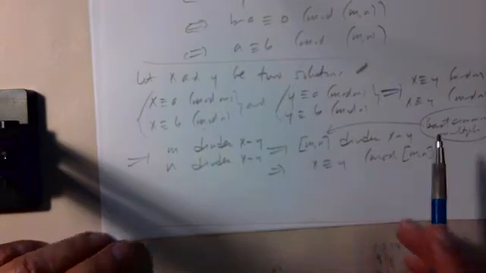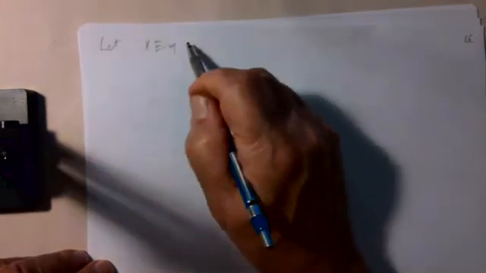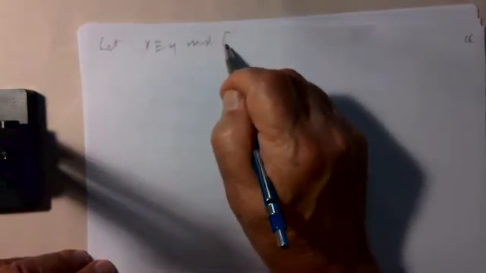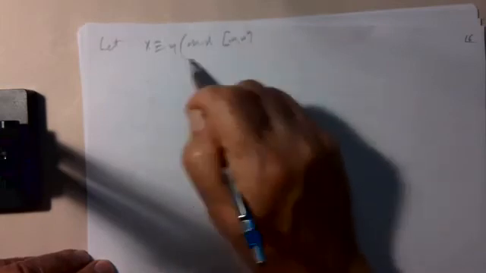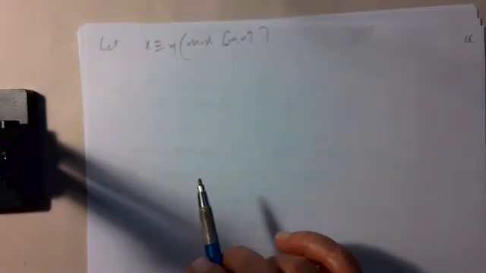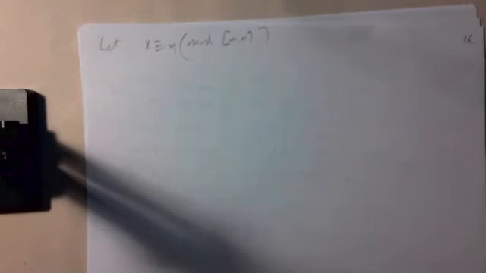And let's suppose the converse. Suppose x is congruent to y modulo the least common multiple of m and n.